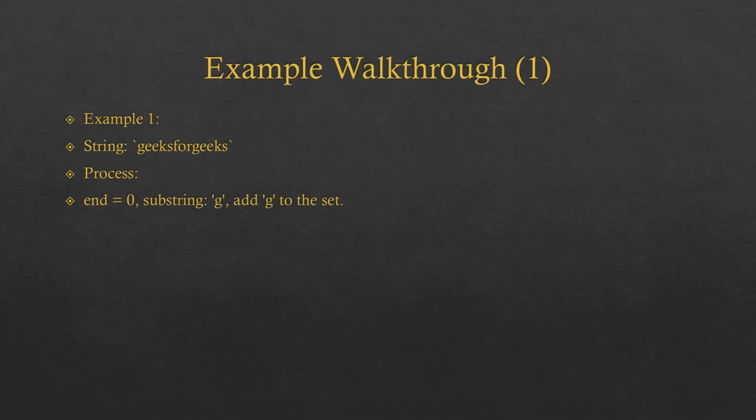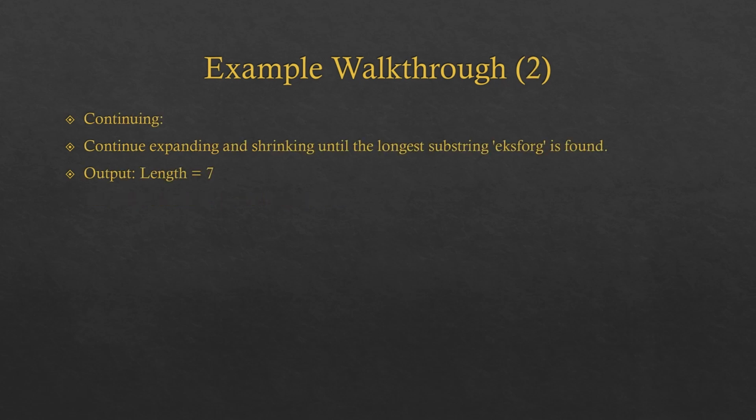Let's walk through an example. In the string "geeksforgeeks", we start with the end pointer at 0. The character G is added to the hash set, and the window now contains G. As we continue, the end pointer moves to the next character. We expand the window and add characters to the hash set.